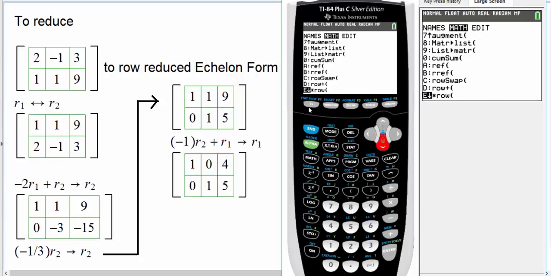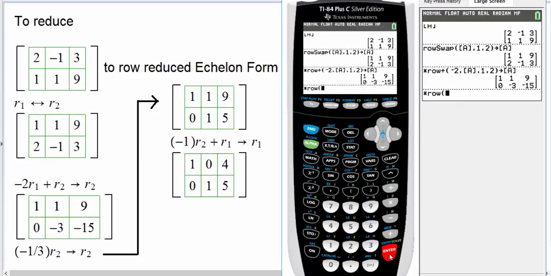No, it was not D. I'm so glad it's E, that I can multiply a row by a non-zero number, right? And which row am I multiplying by a non-zero number? The row number 2. So I will choose this option here, multiply a row by a non-zero number.